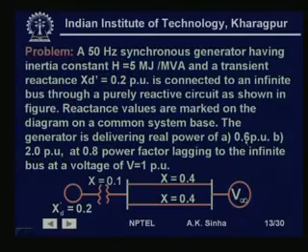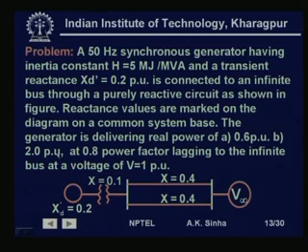One, when the system initial operating point is 0.6 per unit, that is, the electrical output from the generator in steady state is 0.6 per unit, and the second condition when we have the initial operating point where the generator is delivering 2 per unit power.